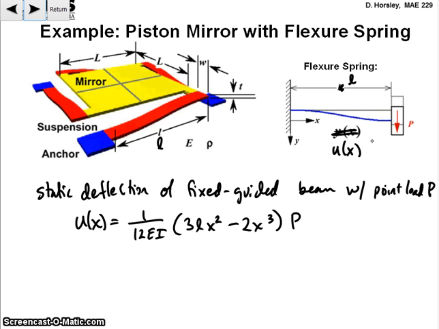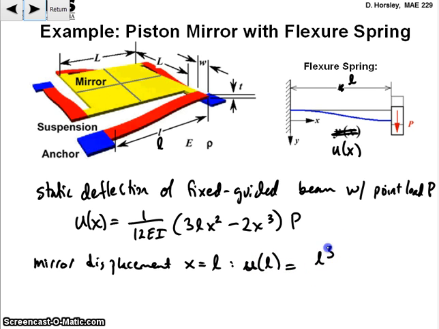And the displacement at the end of the beam, which is what the mirror does, right? So the mirror displacement, so basically x is equal to, I'm calling it script L here. So we get U at L is going to be equal to L cubed over 12 EI times P. So all I did was plug in x equals L into this formula up here.